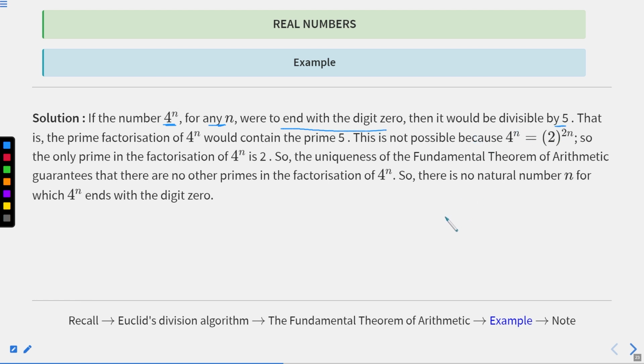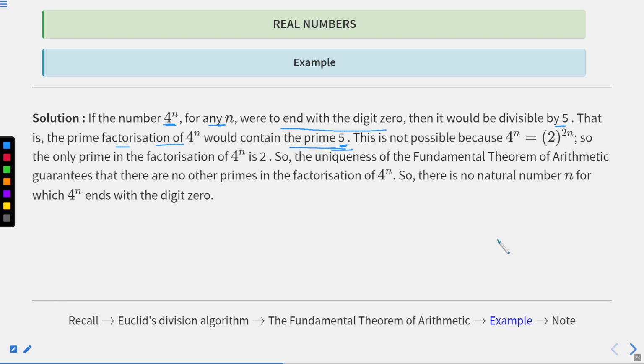That is, the prime factorization of 4 to the power n would contain the prime 5.